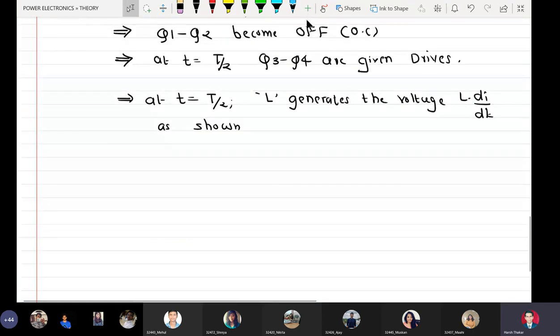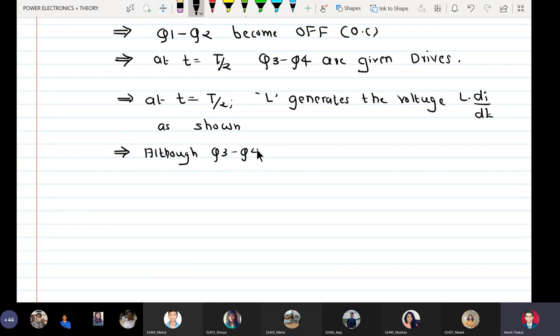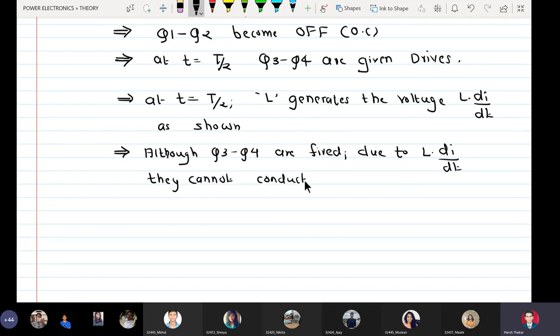The conclusion is that although Q3 and Q4 are fired, due to L di by dt they cannot conduct.